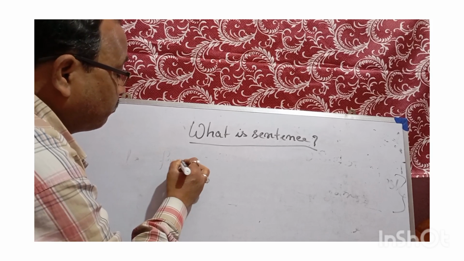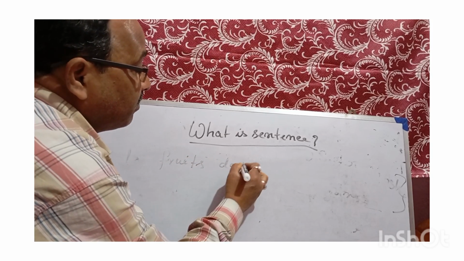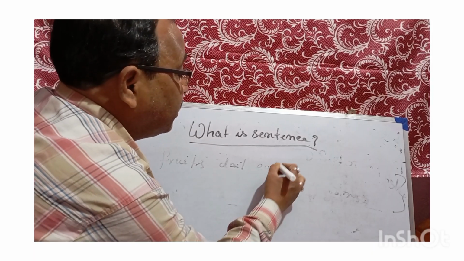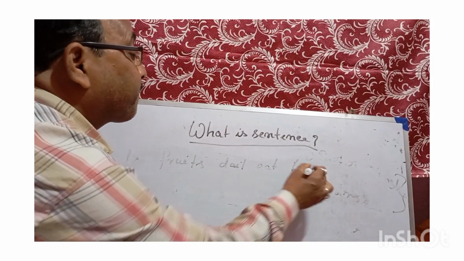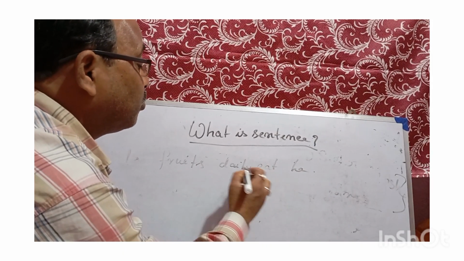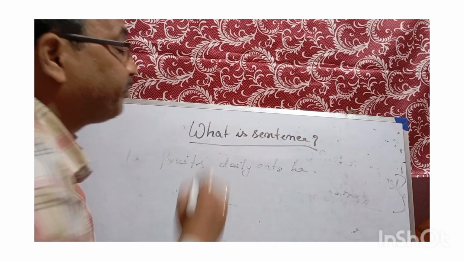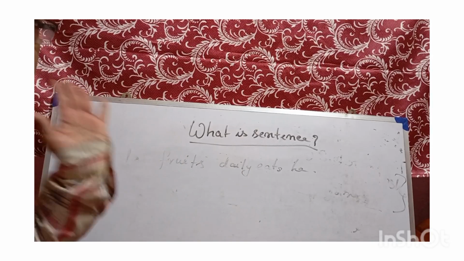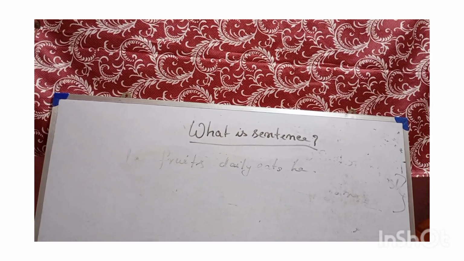Fruits daily eat he. Does it have a meaning? No, it does not have a complete meaning. That means it has no meaning, so it cannot be written as a sentence.